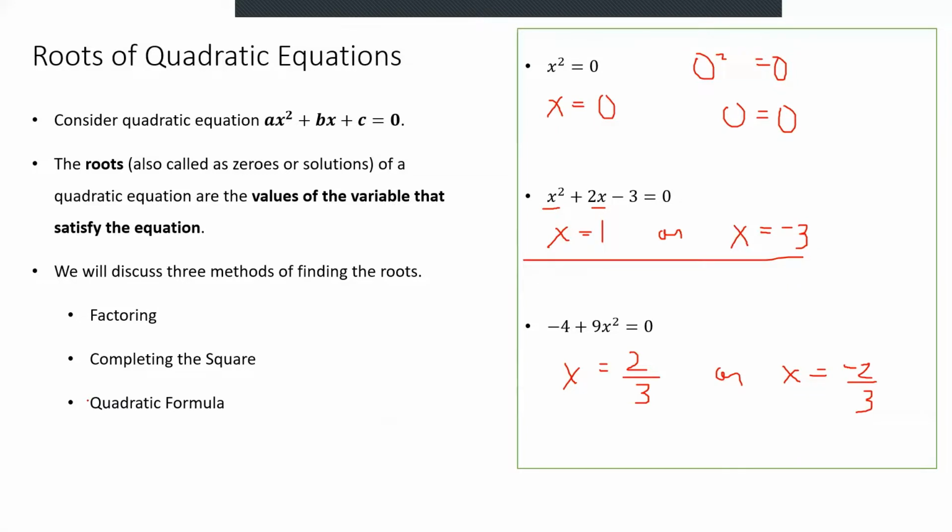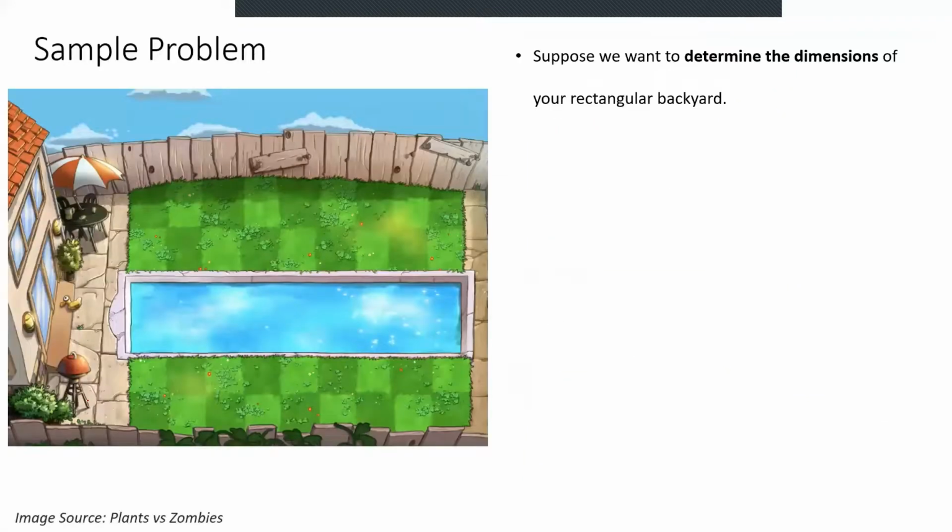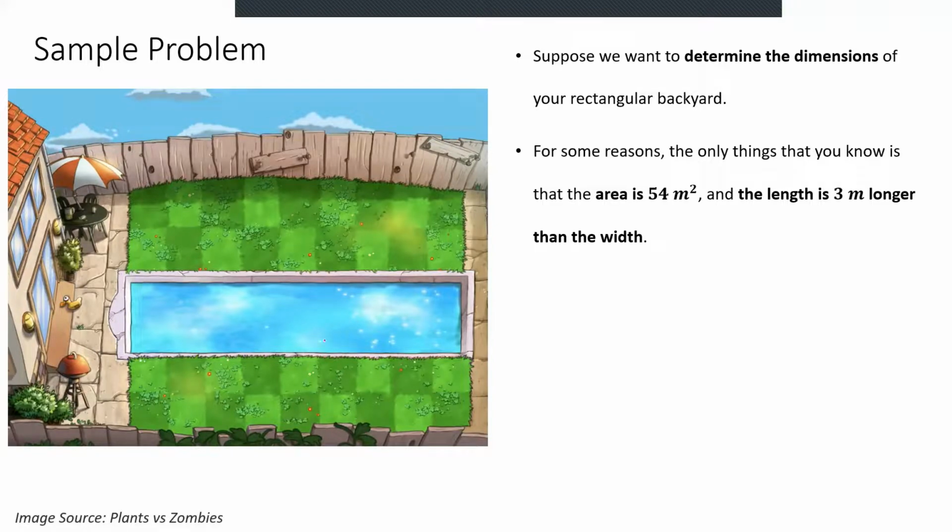Let's take this example. For example, we want to determine the dimensions of our rectangular backyard. And for some weird reason, the only things we know is that the area of this rectangular backyard is 54 meters squared, and the length is 3 meters longer than the width. So for example, let x be the width.